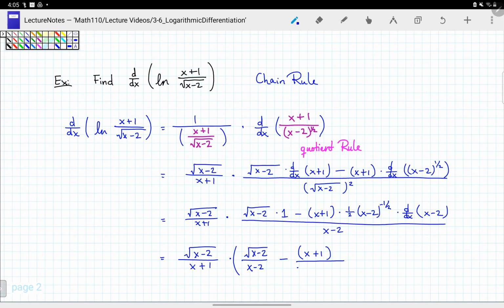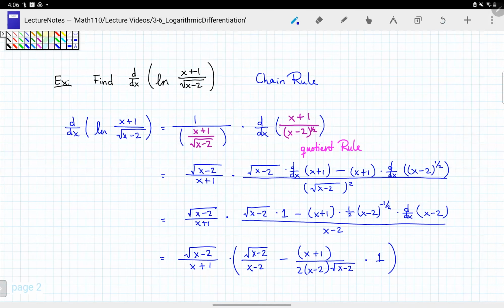There's a 2 in the denominator. I have the x minus 2 that was already in the denominator, and then I have a square root of x minus 2. And then times the derivative of x minus 2, well, that's 1.